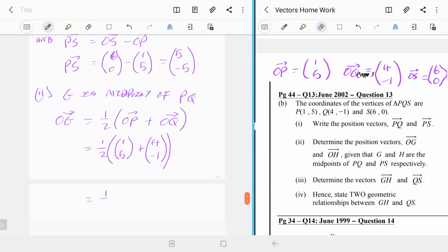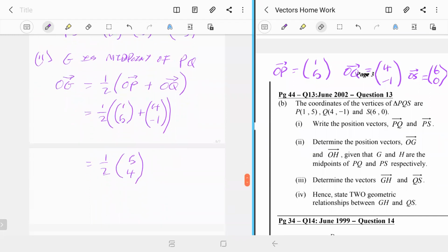So half of 1 and 4 is 5, and 5 minus 1 is 4. Half of that gives 2.5, 2. So OG is 2.5, 2. That's OG that I found. That's what the question asks for, the position vector OG.